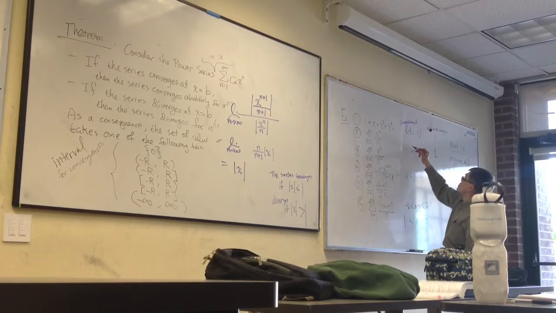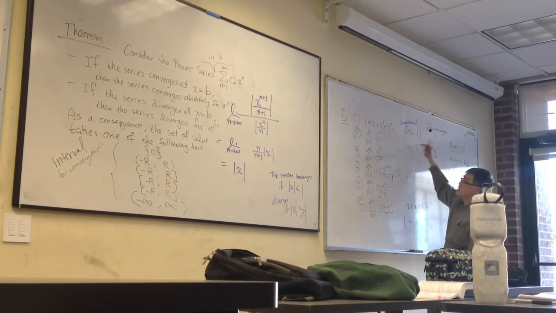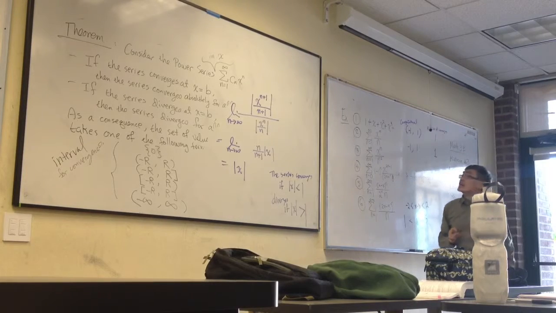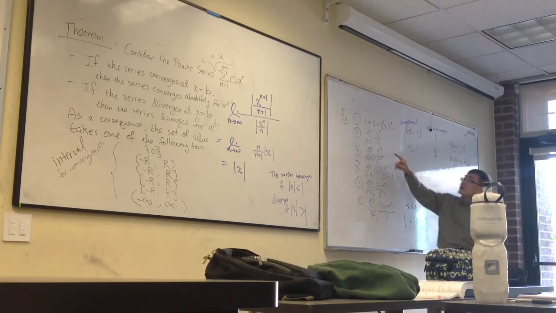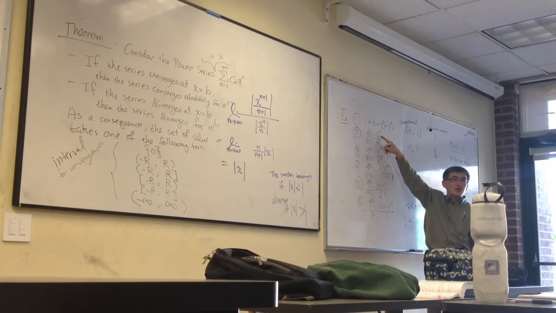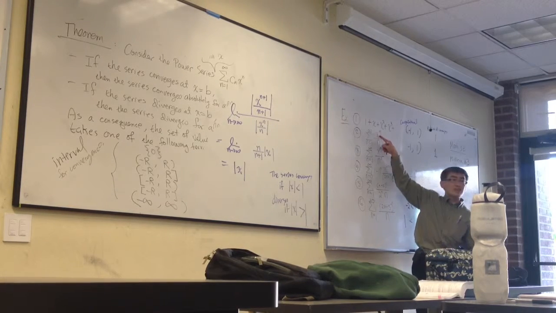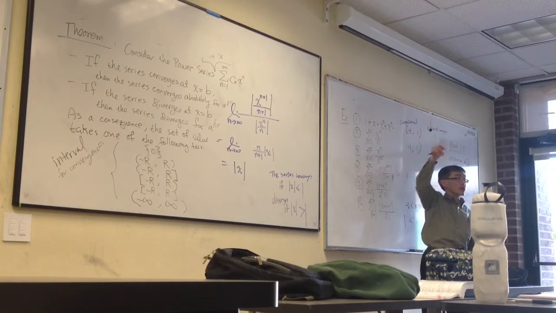So I have a rough structure, -1 to 1. I just have to decide whether it is parentheses or brackets. Let's plug in 1. Then what is that series? Harmonic series, 1 over n. Isn't that divergent? And therefore, at 1 it doesn't work. Open. How about -1? If you plug in -1, wouldn't that be an alternating series?